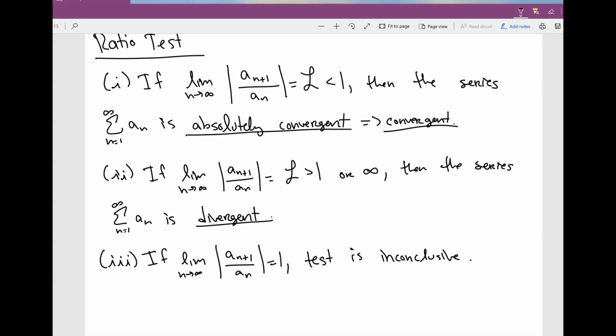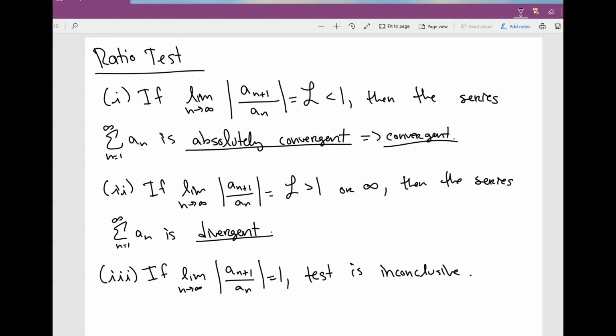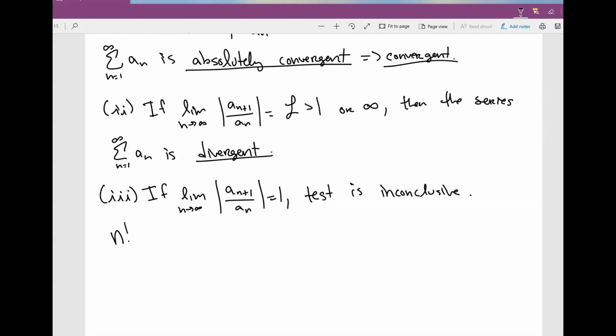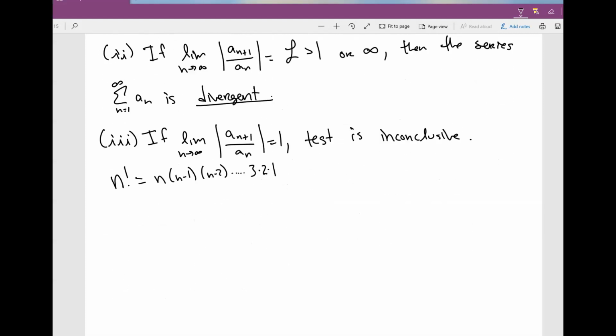One way to think about it is that whenever you see factorials, like n factorial, which means you take n, then n minus 1, then n minus 2, continuing to subtract until you get to 3 times 2 times 1, the ratio test is usually a really good test for series that have factorials in them. So 5 factorial just means 5 times 4 times 3 times 2 times 1, in case you forgot what a factorial was.